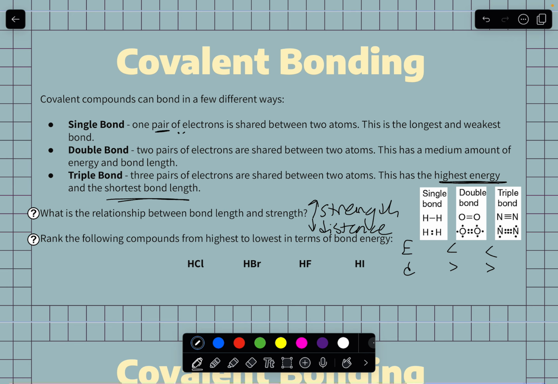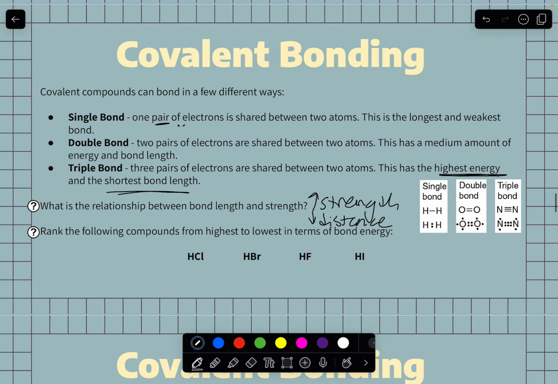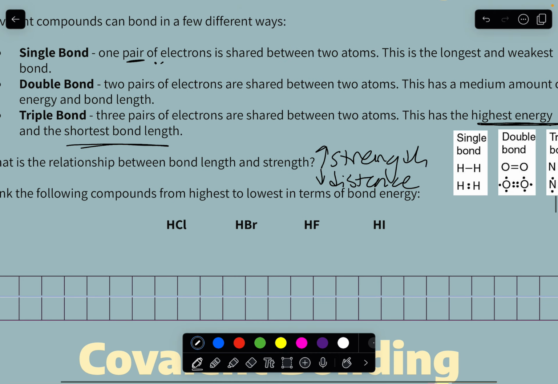Okay, the second question here asks us to compare these compounds from the highest to lowest energy in terms of bond energy. Let's first draw these compounds out so we can see what we're working with. We have HCl, HBr, HF, and HI.